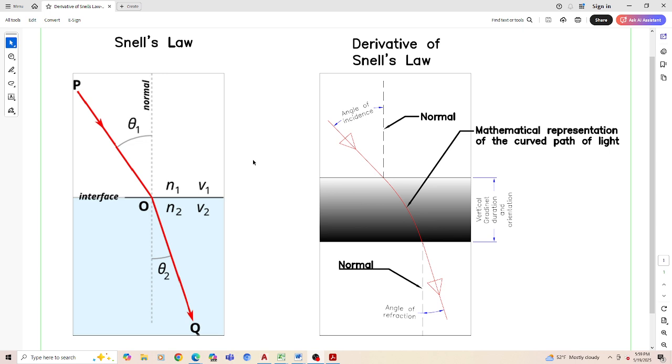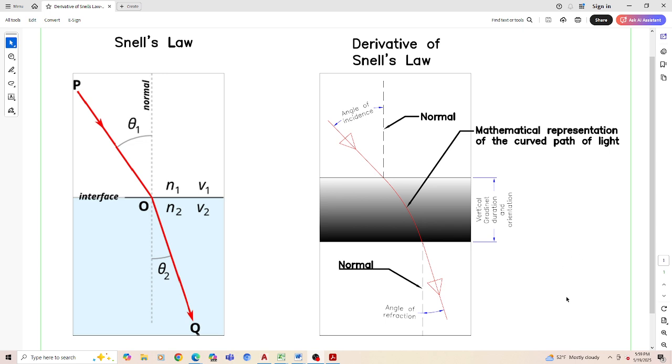We will take a look at what the calculus or the mathematical formulas should look like if you are deriving a formula for Snell's law, in which you must account for what is the interface.